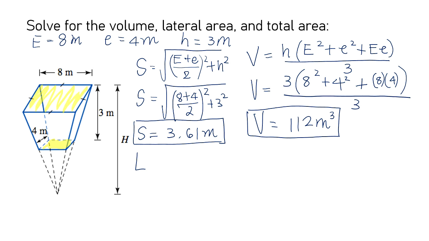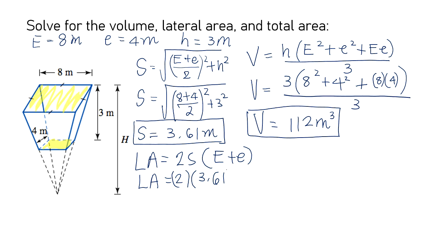Next, for our lateral area, we have the formula 2s times big E plus small e. So substituting, we get 2 times a slant height of 3.61 times 8 plus 4. Solving this, we get a lateral area of 86.64 meter squared.